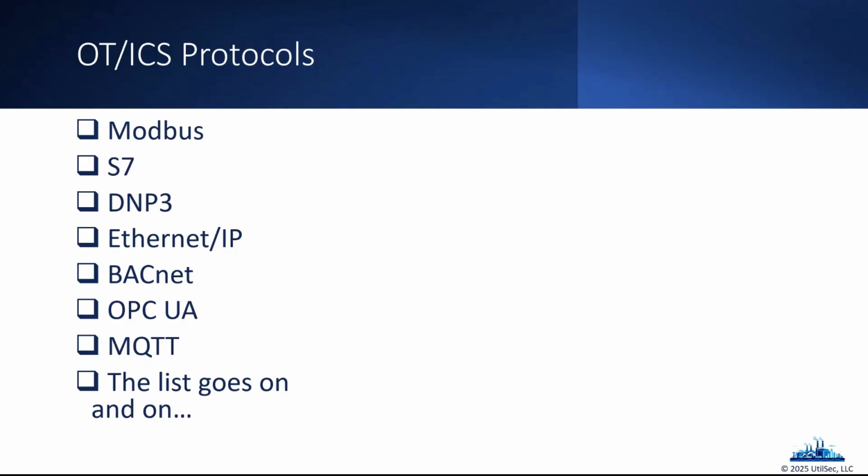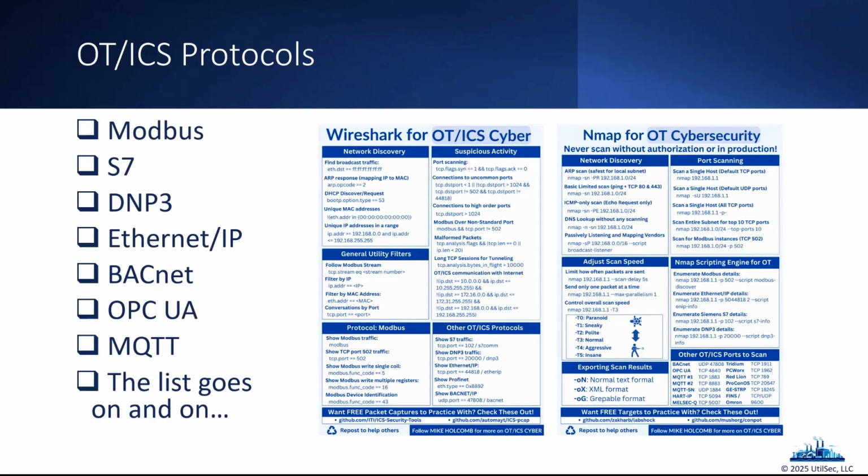When we blur those lines, that's where we start to have those cracks that we can slip through as attackers or penetration testers. So these are the ones that we're going to focus on in this course, but there's also other ones out there, and we'll mention some additional ones as we go throughout the course, but these are the ones that we're going to primarily focus on.